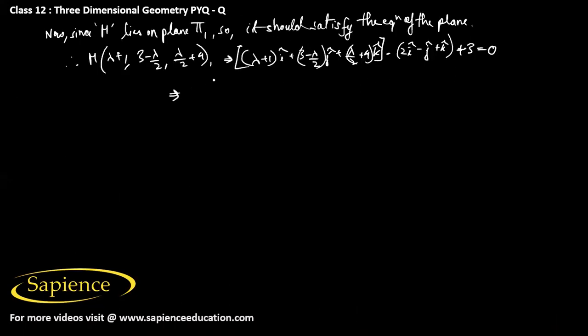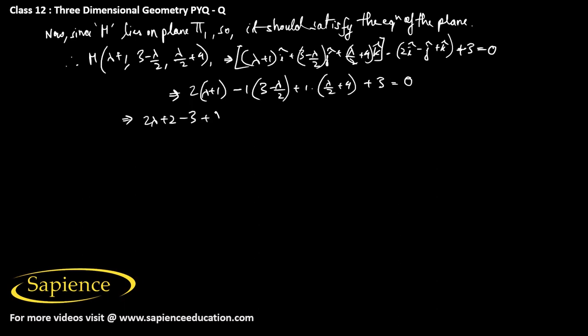So this will be 2 into lambda plus 1, then minus 1 into 3 minus lambda by 2, then plus 1 into lambda by 2 plus 4, plus 3, equal to 0. So we get 2 lambda plus 2 minus 3 plus lambda by 2, plus lambda by 2 plus 4 plus 3, equal to 0.